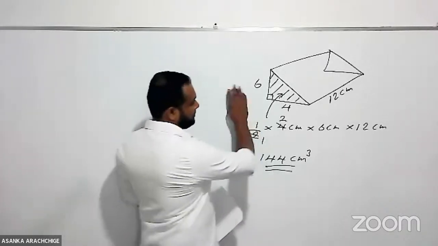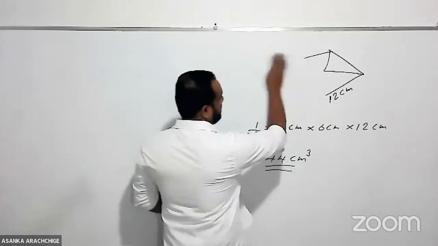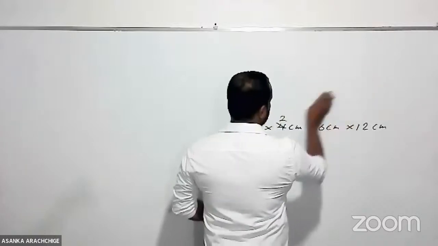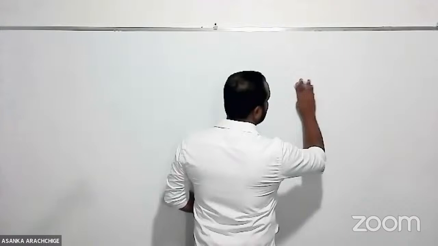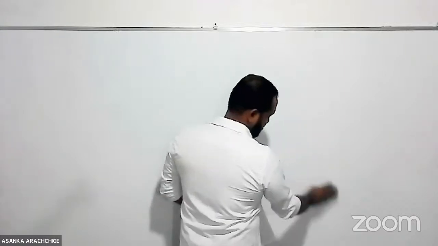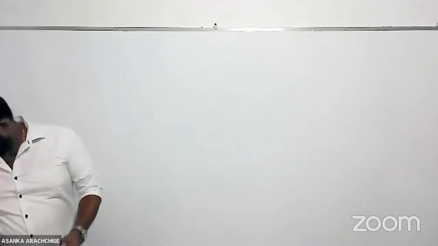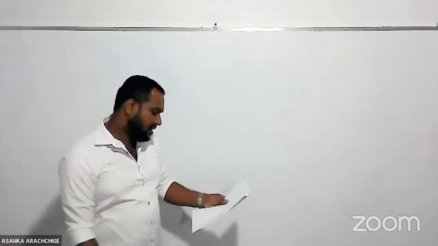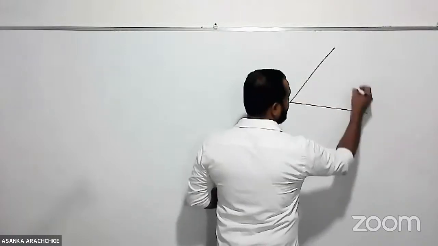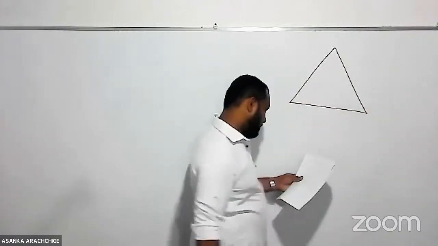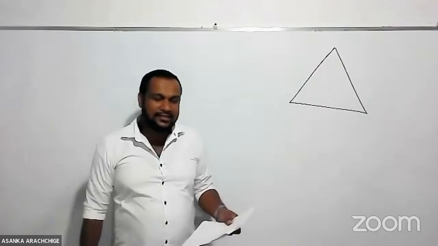Number 13. Right. We are given a triangle. So what type of triangle is this?